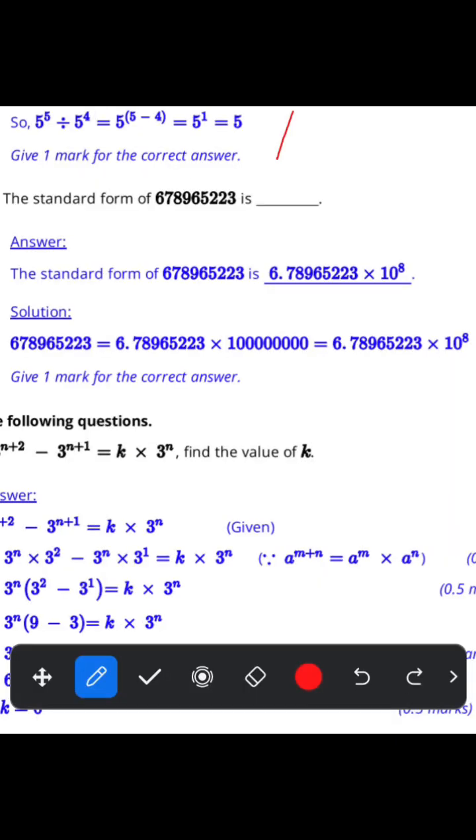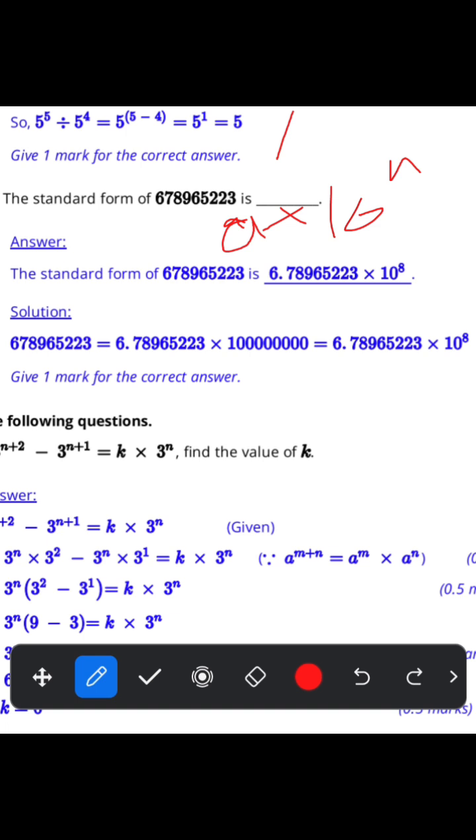Next question D. The standard form of 67 crore 89 lakh 65,223. Here, to find the standard form, first we know that any number can be expressed as a into 10 raised to n, which is known as the standard form of a number.